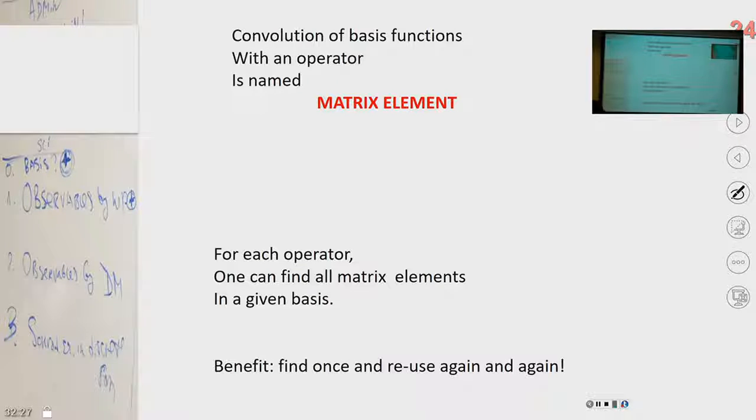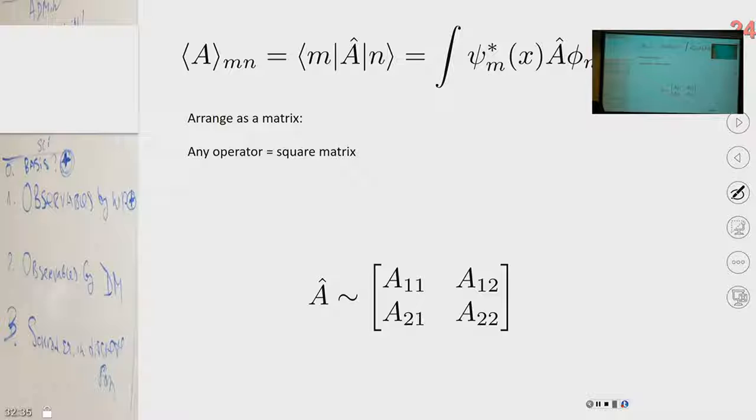Okay, here's a verbalization of what we need and can do. And if you follow this prescription for each basis function, then an operator is replaced by a matrix of matrix elements.